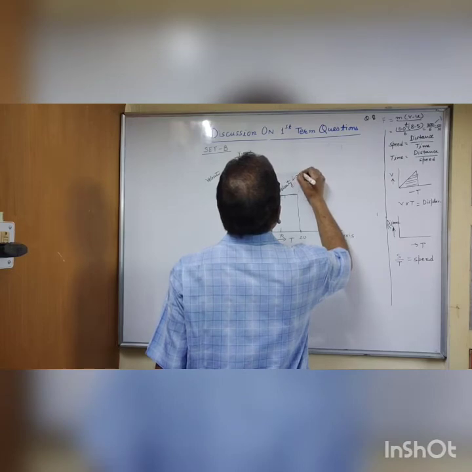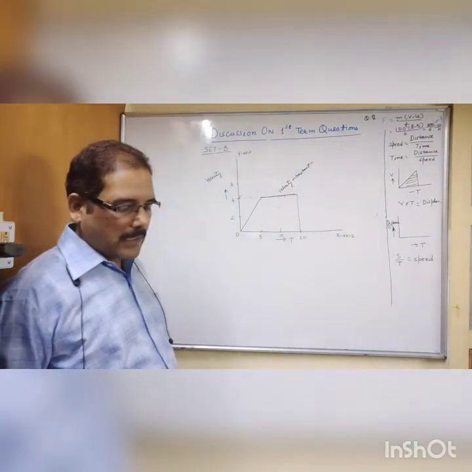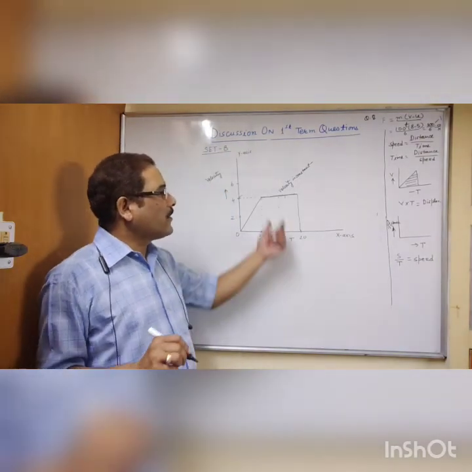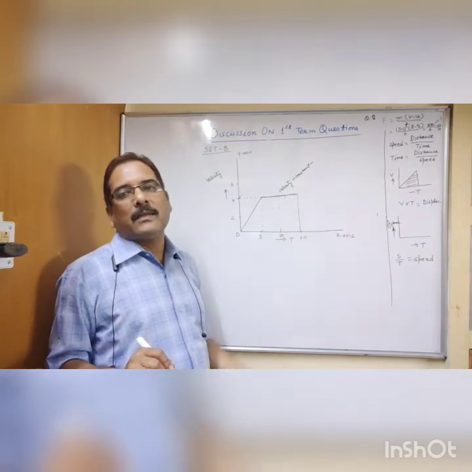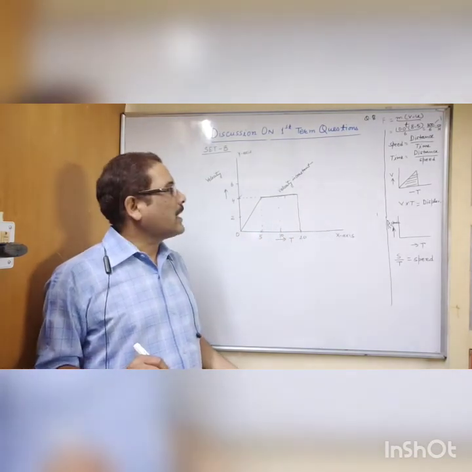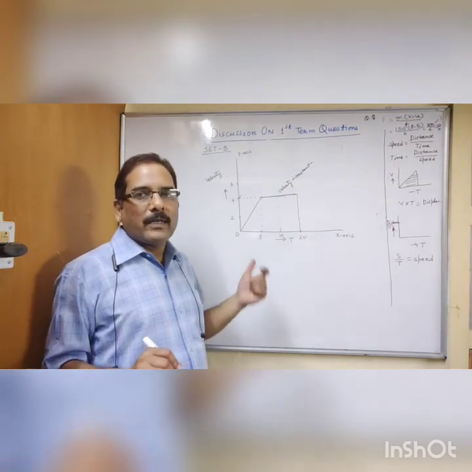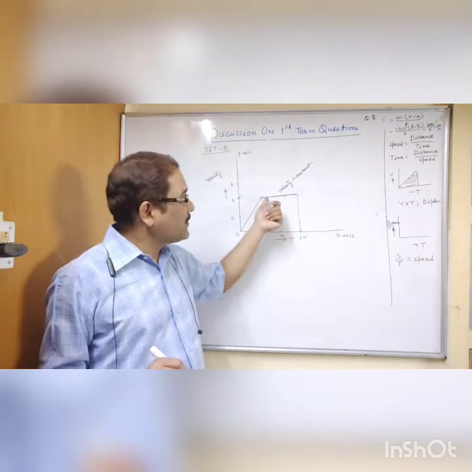Velocity is constant or uniform, it means. And what about acceleration? If velocity is fixed, velocity is constant, then obviously acceleration will be 0, because acceleration is change in velocity with respect to time. So there is no change in velocity during this time. Velocity is fixed.